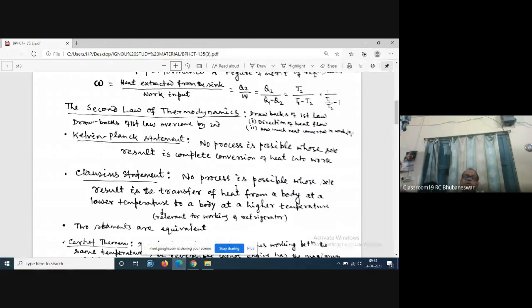That means suppose you are at lower temperature and the system is at higher temperature, can we flow the heat? No. But the first law is silent about that. Second, how much heat will be converted into work? Suppose you supply Q amount of heat and there is change in internal energy plus work done. If internal energy does not change, that means total heat can be converted into work.